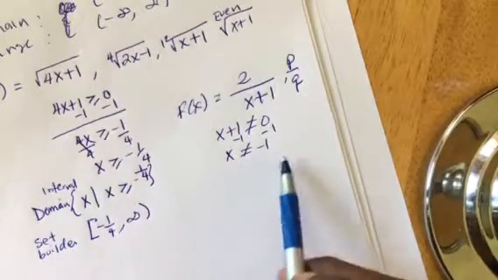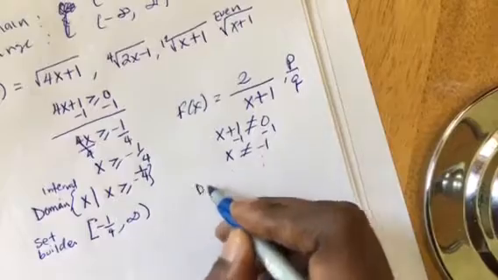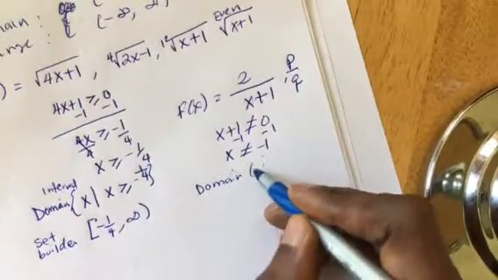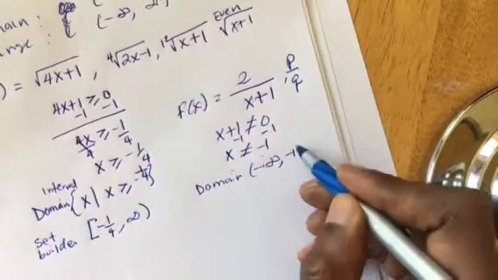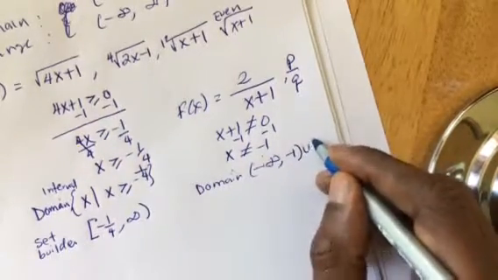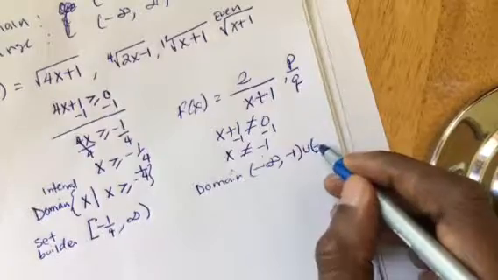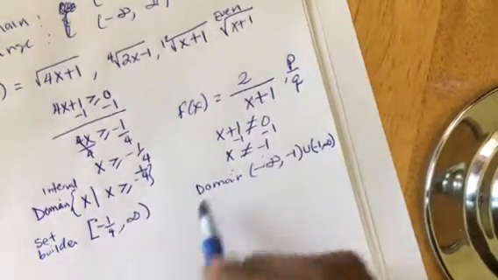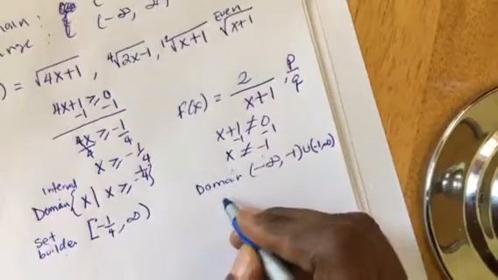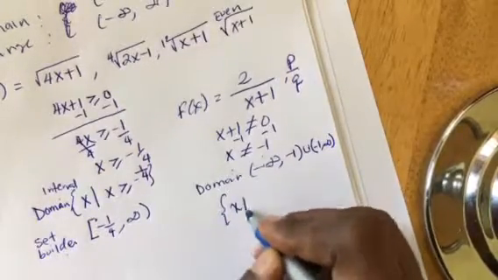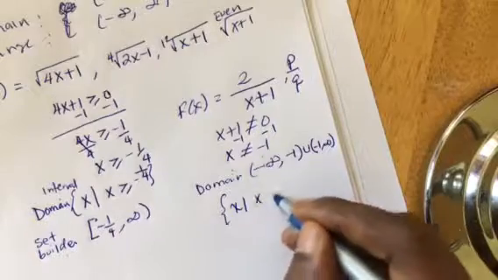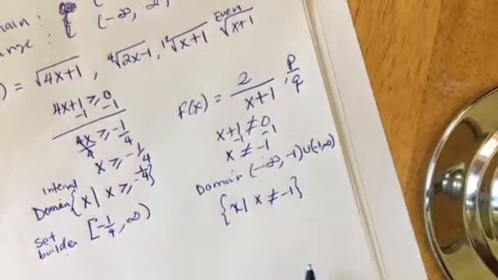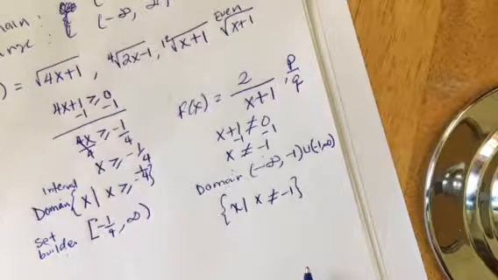It can be anything, but not that value. So the domain would be from -infinity to -1 unioned with from -1 to infinity. Or in set builder notation, we can write it as for all values of x such that x cannot equal -1. It can be anything, but for those two cases, right?